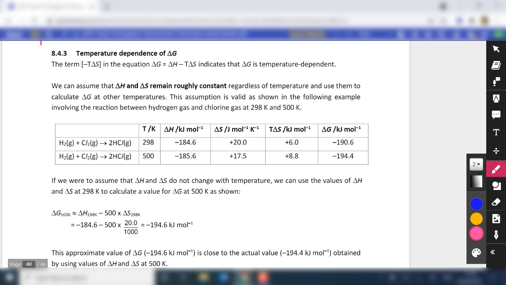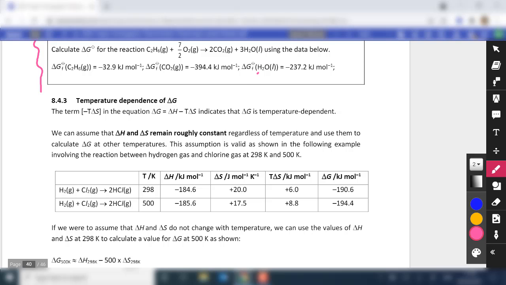If you plot a graph of delta G against temperature, you realize that the gradient and the y-intercept will give you delta S and delta H. I'll leave that to you to go and work it out, not over here, but eventually you encounter questions like this.